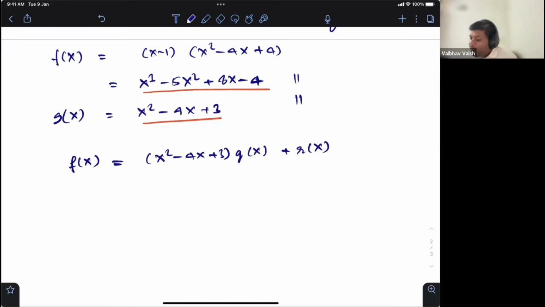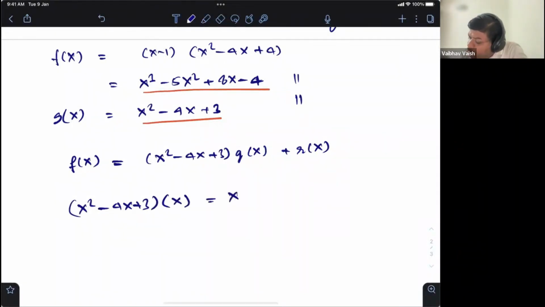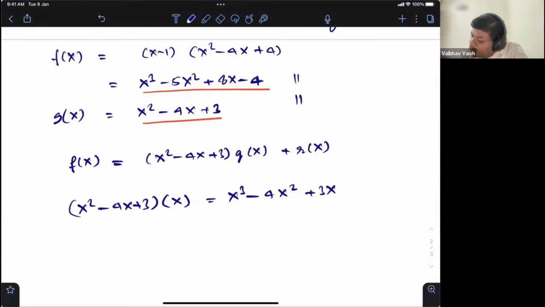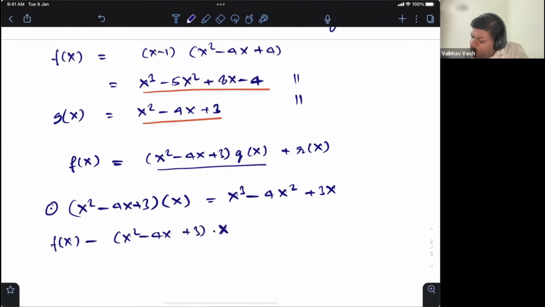So if you try to do this, for example, in this case, what you can see is x squared minus 4x plus 3, if I multiply it by x, of course this is equal to x cube minus 4x squared plus 3x, and what I want is this to eventually become this polynomial, right? Eventually it should add up to this. So I subtract f(x) minus (x square minus 4x plus 3) times x. I'm trying to estimate q.